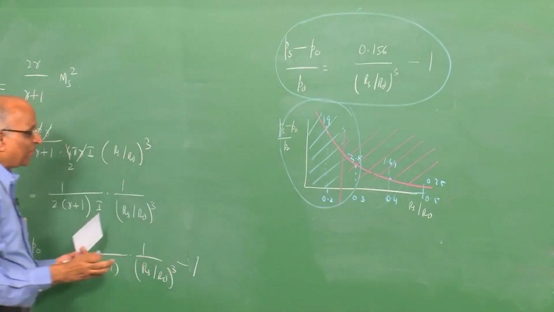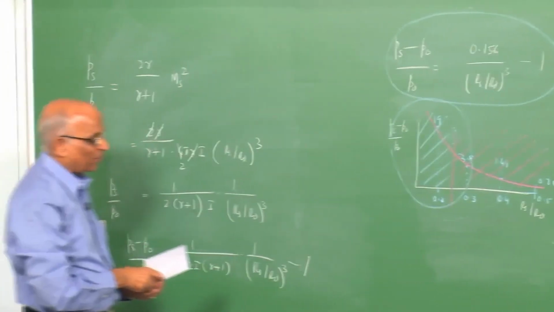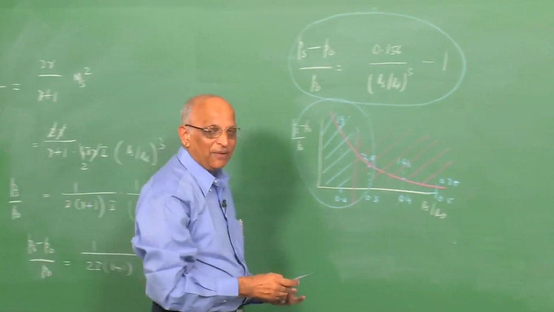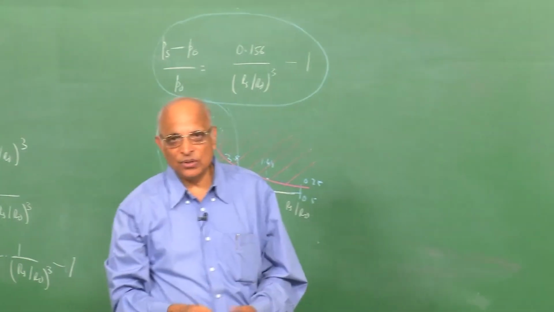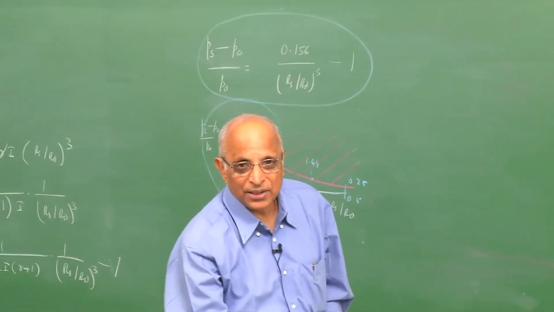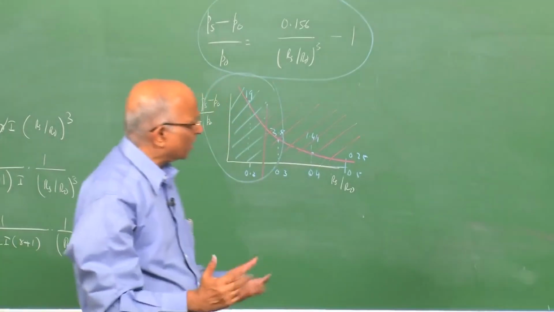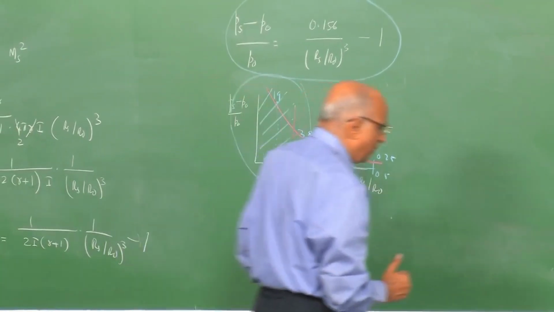Well, we have done quite a bit now. Let us quickly summarize what little we have understood for the blast wave using the mass balance and energy balance. What did we tell ourselves? From mass balance, what did we get?